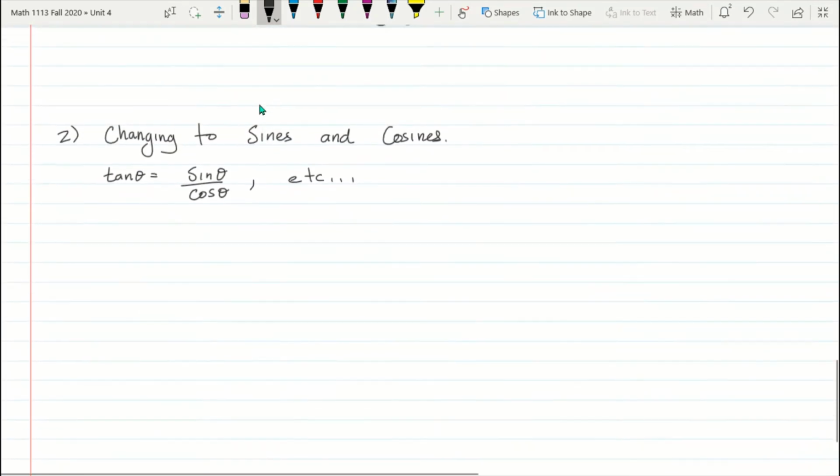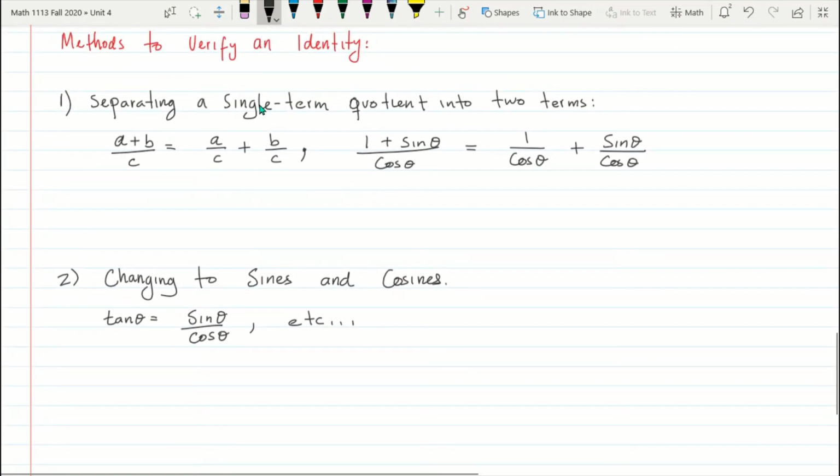So one method is to separate fractions. So you want to separate them into single term fractions. In other words, if you have this, for example, a plus b, and it's all divided by c, well, we could break it up into a over c plus b over c. What does that look like if we were doing trig functions?